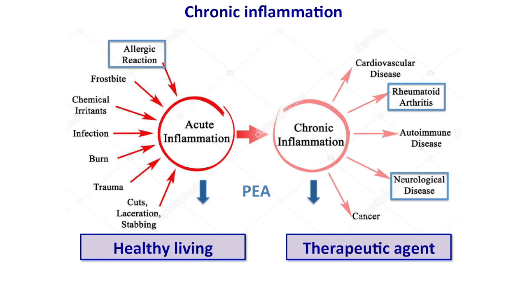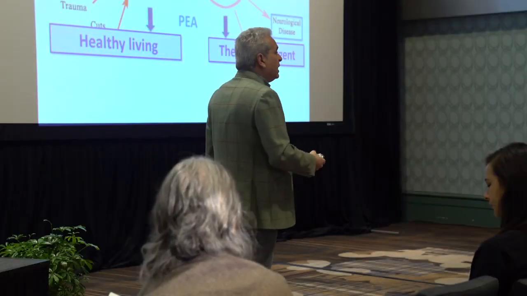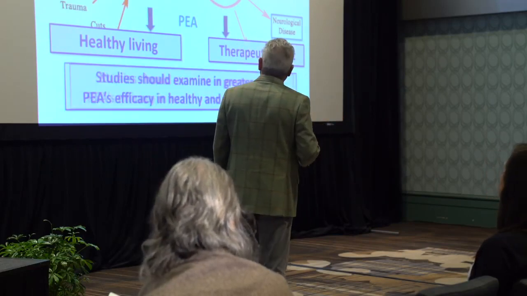What about instead healthy living? And that's where I think my colleagues at Levagen and GeneCore come into play. What they're asking is whether in conditions that are not yet pathological, PEA could also be effective. And they've just shown some very convincing data that this might be the case.